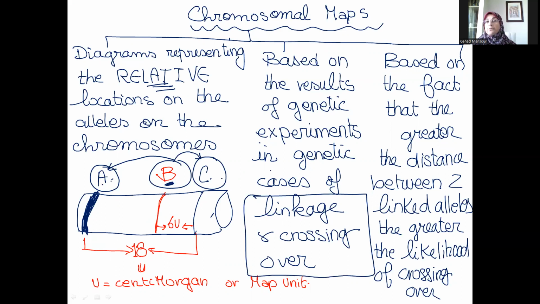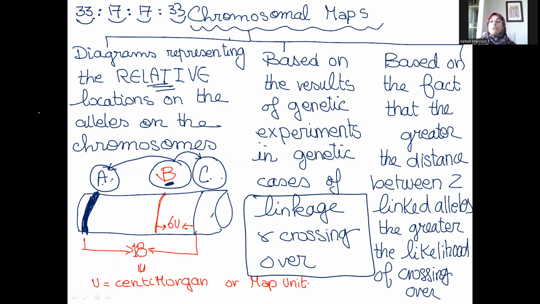As we saw before, when we did a dihybrid test cross, we had, for example, 33 parental individuals, and then we had 17 recombinant individuals with recessive and dominant, and then 17 with dominant and recessive, and then we had 33 again, meaning that we had a parental ratio and we had recombinant individuals.